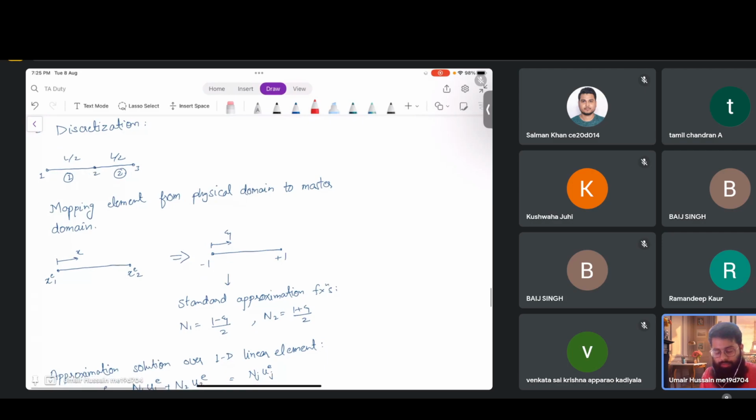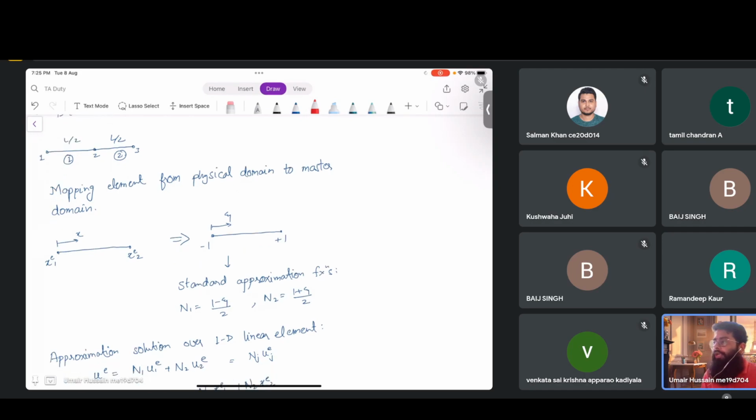So we talk in terms of zeta, which varies from -1 to +1. Whatever the coordinates of the nodes would be, we map those coordinates to the zeta system, that is the master domain system.